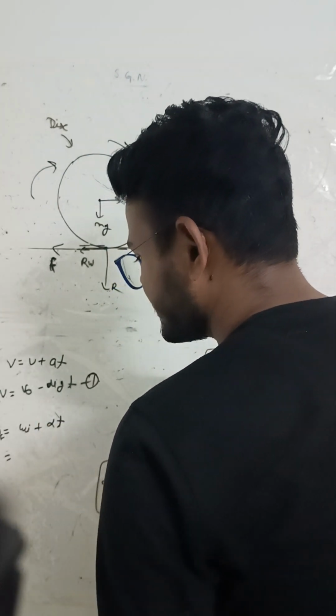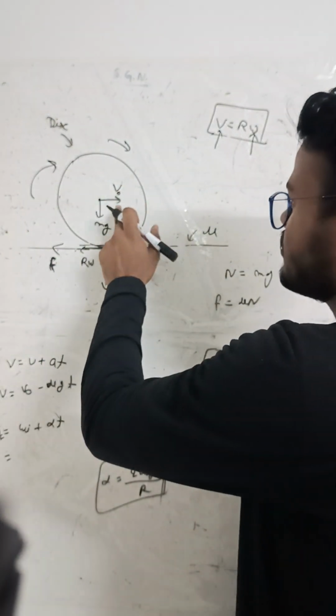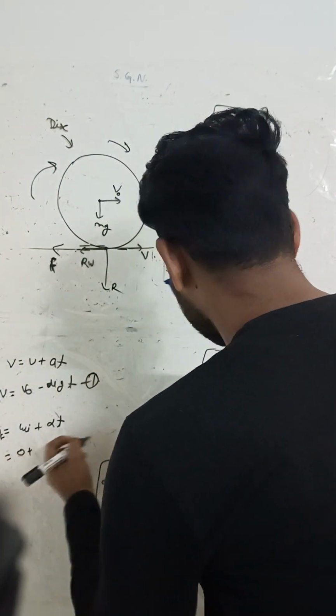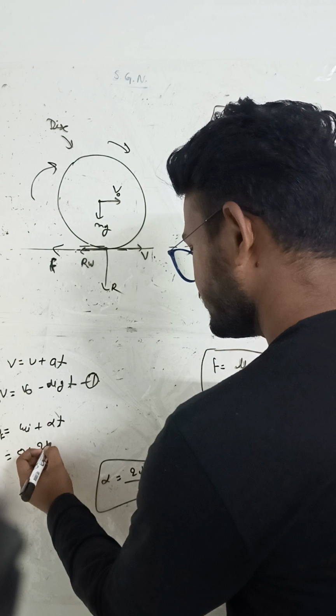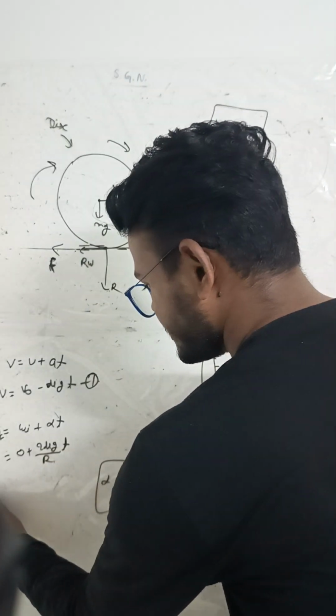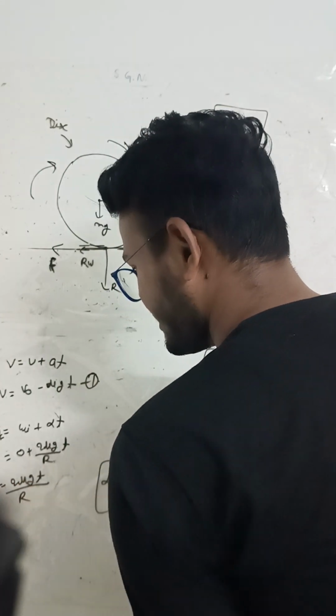Initially there is no omega because it only has translational velocity, so omega initial is 0, and alpha equals 2 mu g by r, so omega equals 2 mu g t by r.